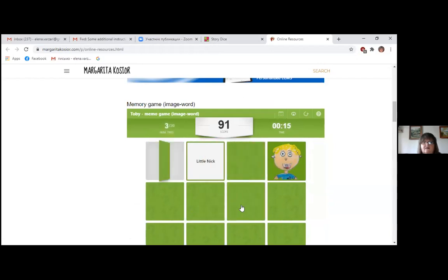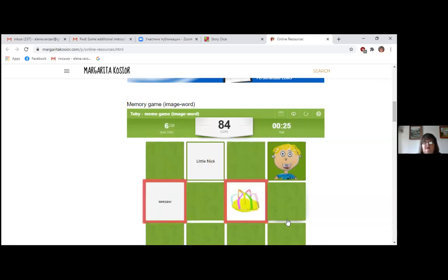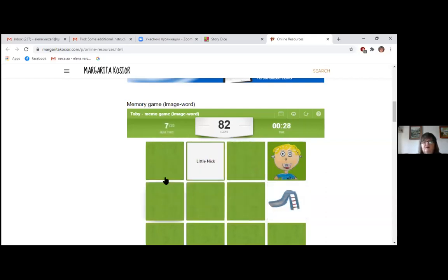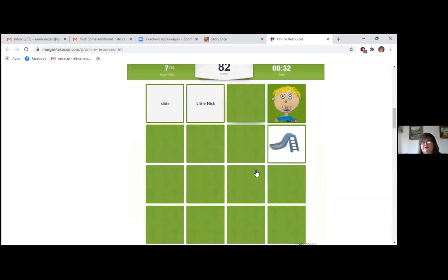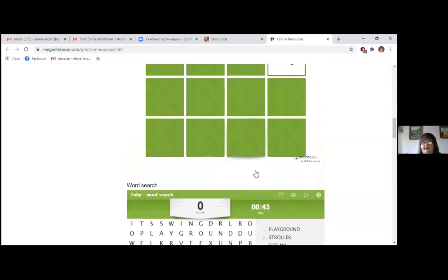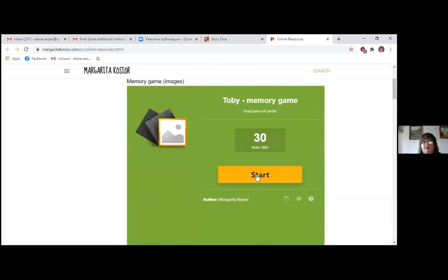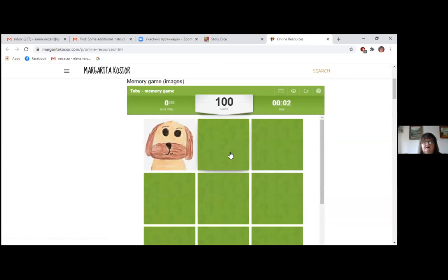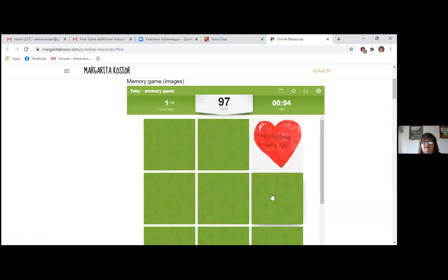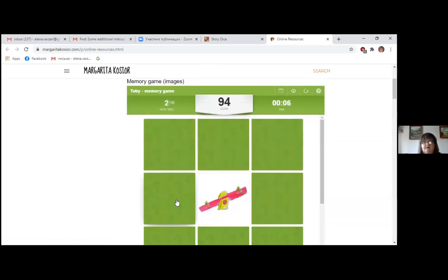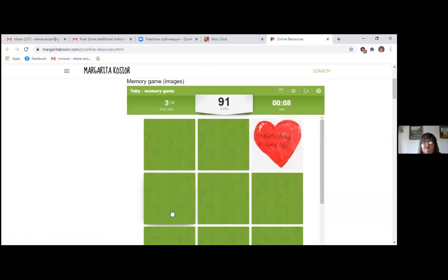Okay, you know, and stuff like this. Okay, merry-go-round, you know, and oh, this is the slide. And the children can play. Here it trains memory.